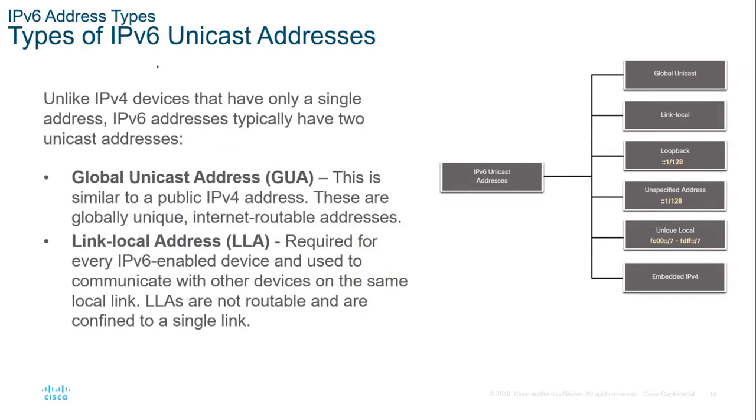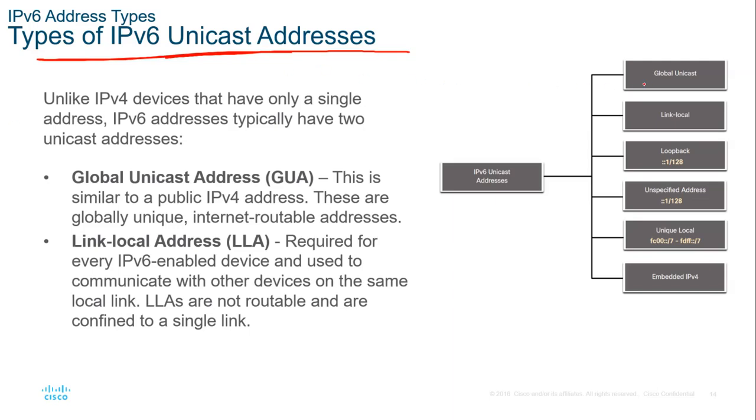Types of IPv6 unicast. The unicast is the single IP address, the unicast address that can be assigned to interfaces. Unlike IPv4, which has only a single address, IPv6 typically has two unicast addresses.